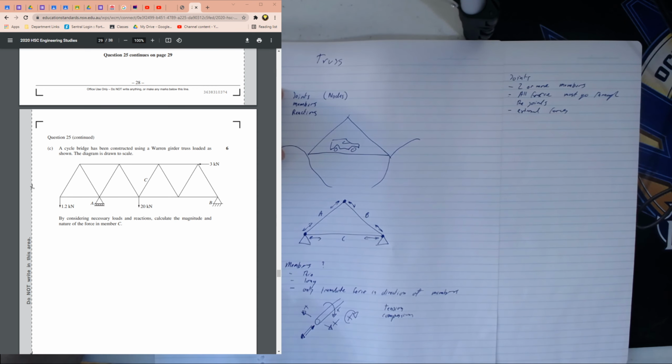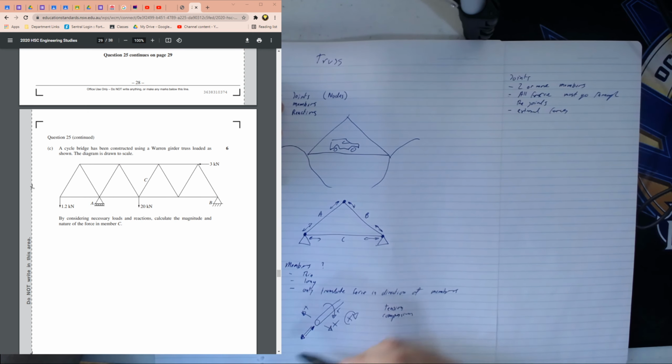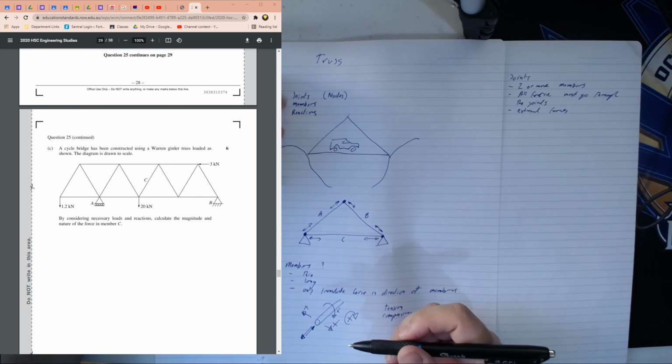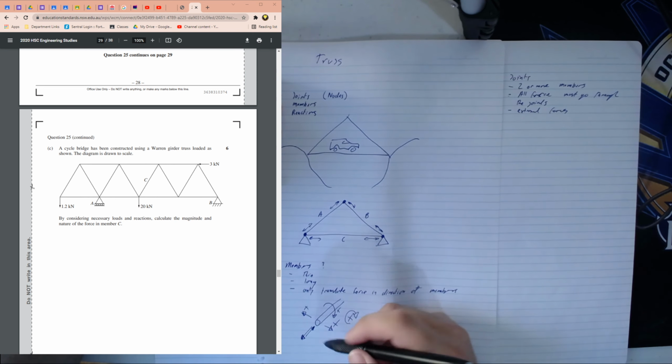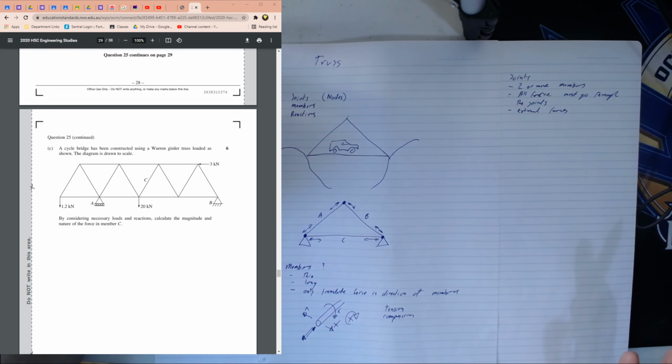So if your external force is anything other than exactly the right angle for this member, it's not going to be able to transfer that force to the rest of the structure, and it just won't work. If there's any form of, I think it's transverse, I think is the word, but I'm not exactly sure, if there's any sort of force in like this direction, your equations won't work. It'd be equivalent to trying to divide by 0.